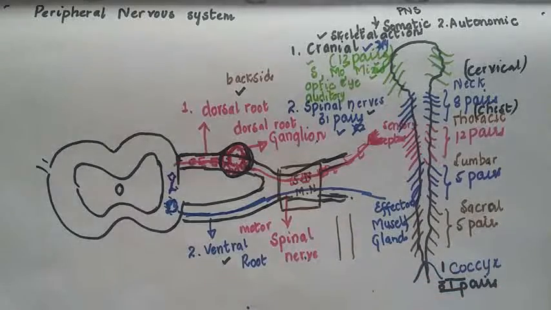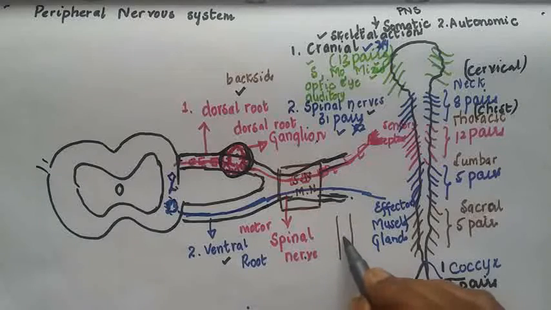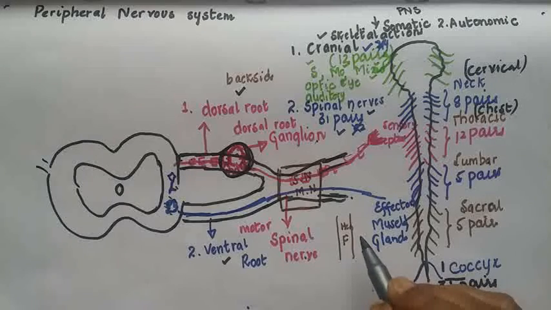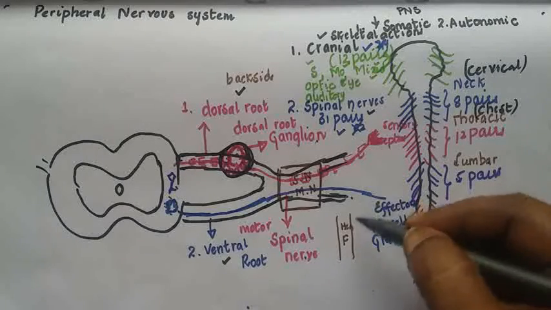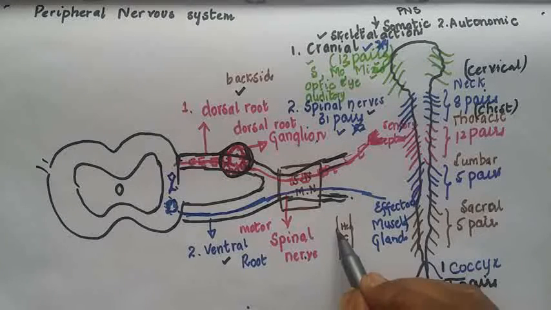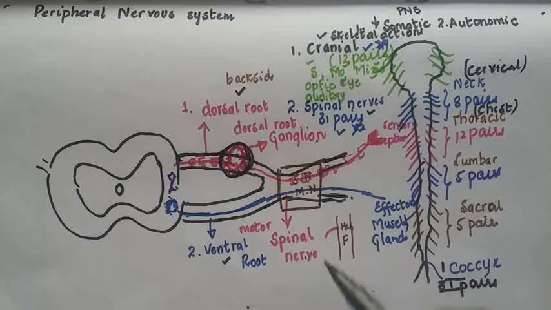If this is the spinal cord, and this is the front part of your body where you have the heart situated, then the other side is the back part where you have the vertebral column. So we find the dorsal root from the back side, and in the dorsal root we find the sensory nerve fibers.